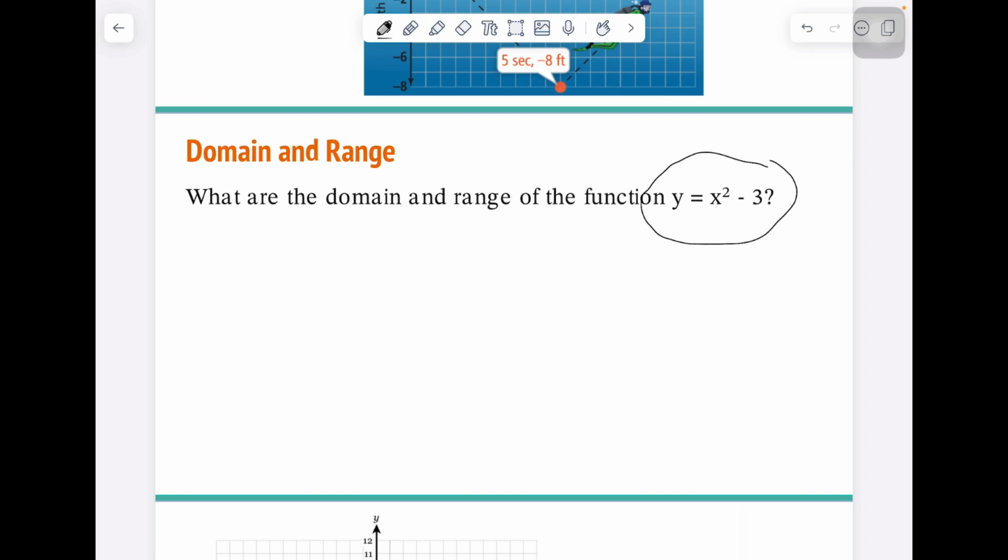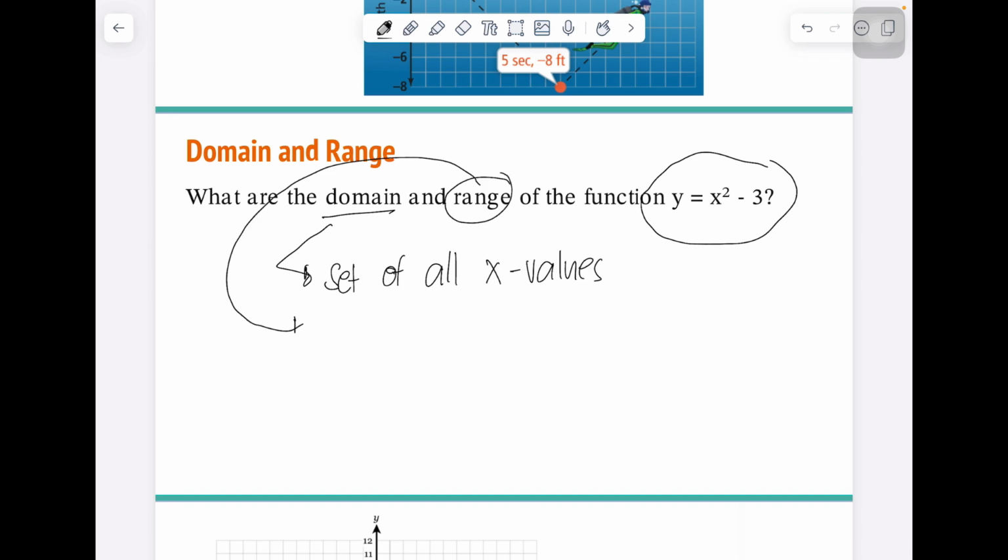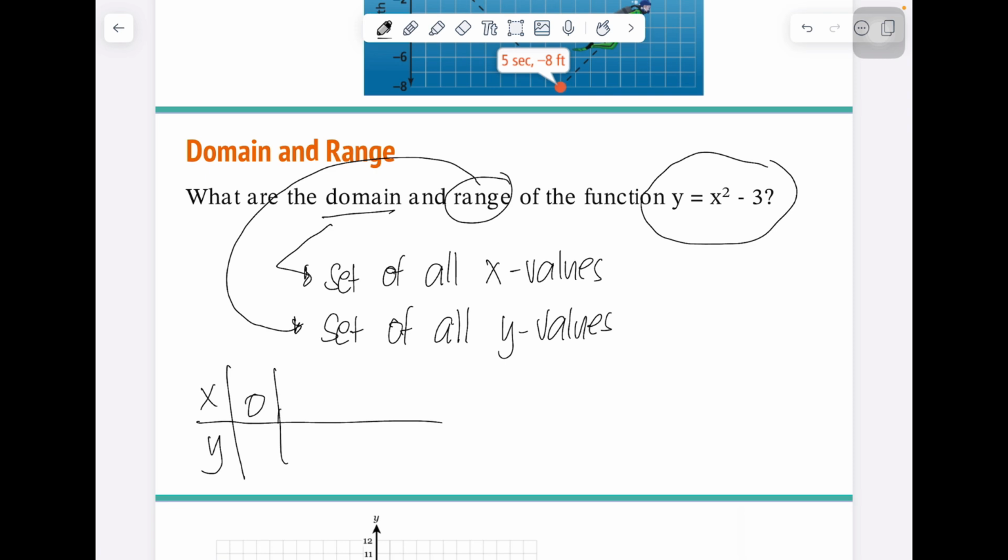Let me say this one again. If you say domain, that is the set of all x values. And if you say range, that is the set of all y values. So for example, you have a table here, x and y. You have 0, 2, 4, and 6, and 3, 5, 7, 9.